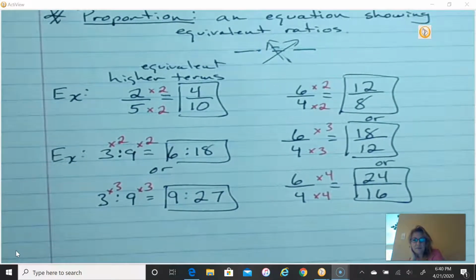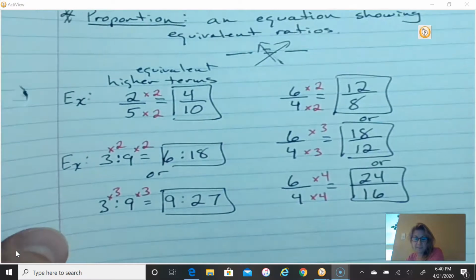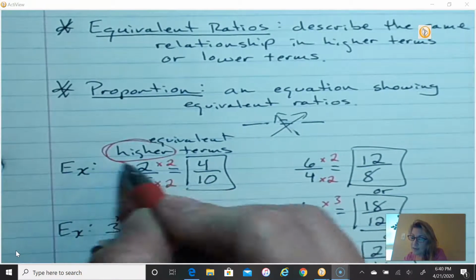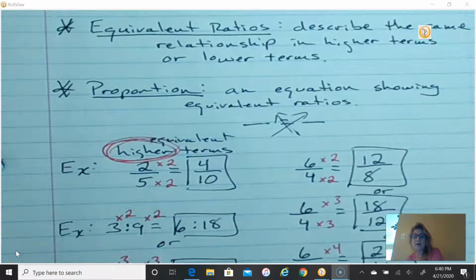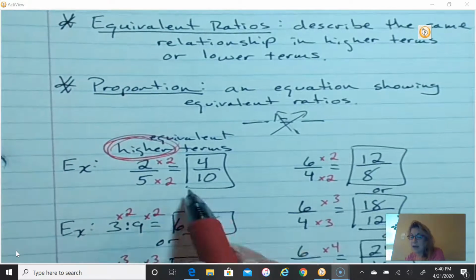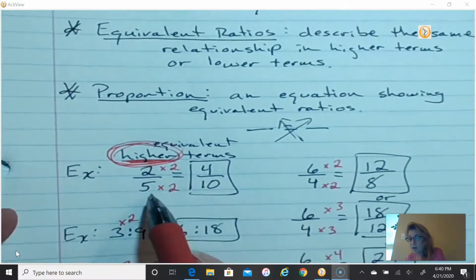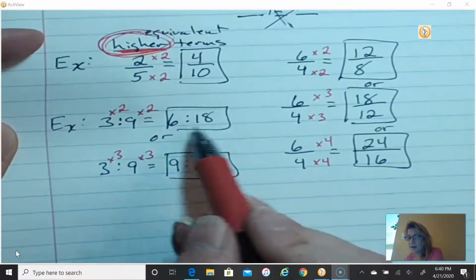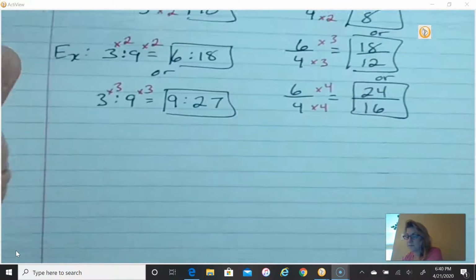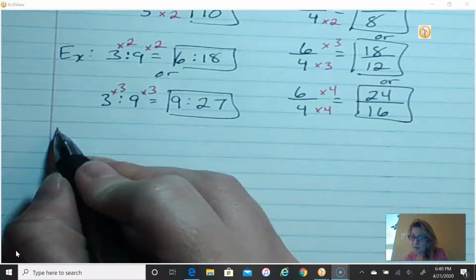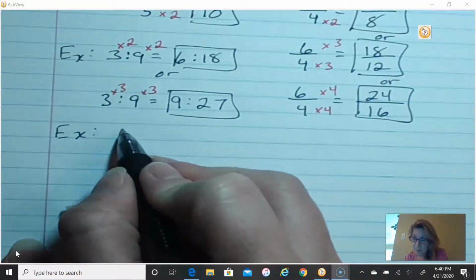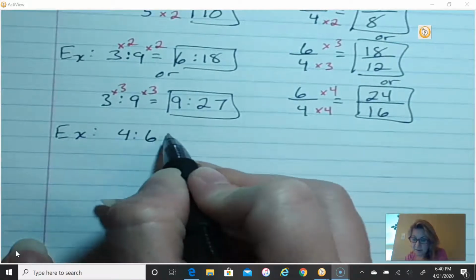Either one. Okay, let's do some more. Now remember, we're going higher. This is if they want an equivalent ratio in higher terms. Notice we're going higher. See how we're going higher? The numbers are getting bigger. How about 4 to 6?